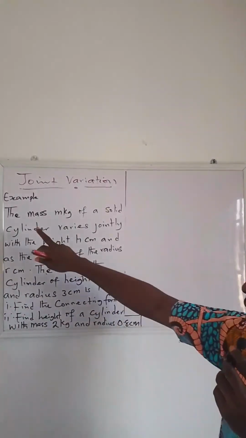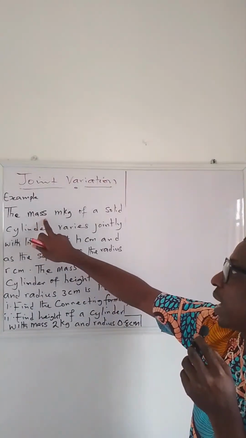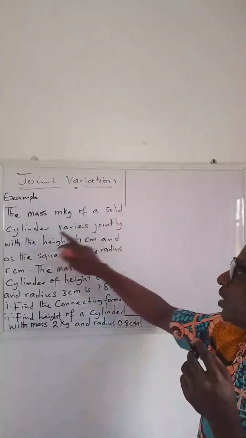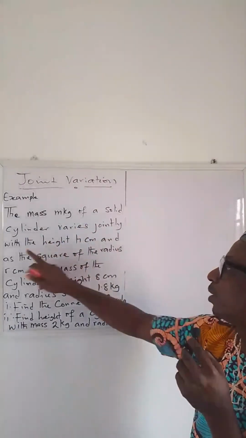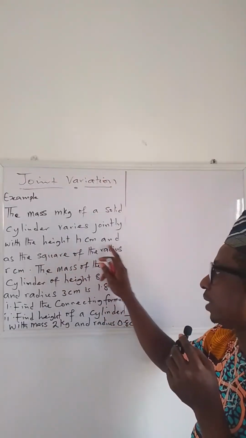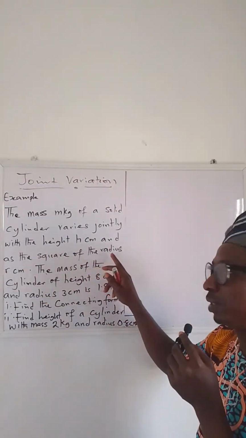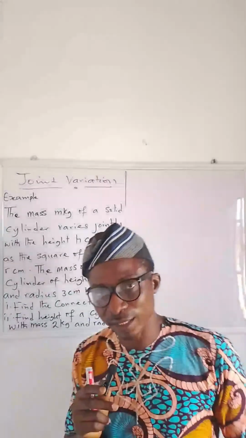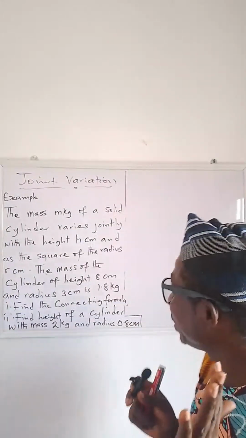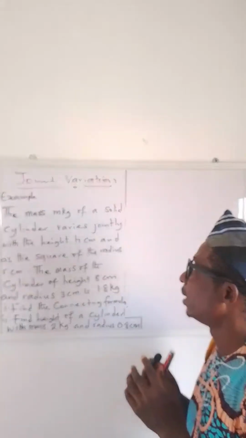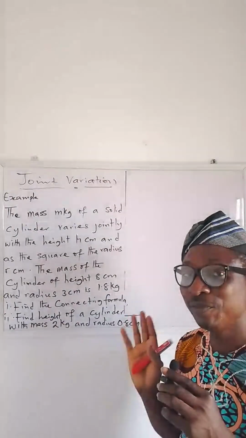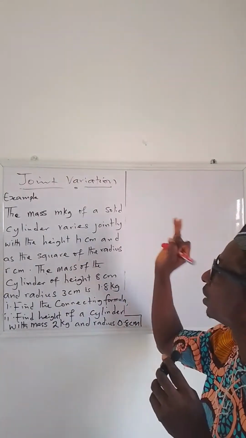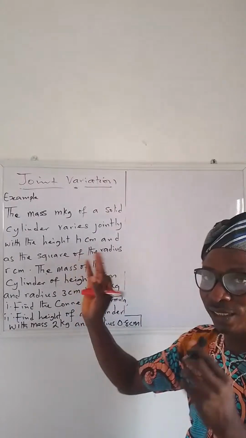The mass m kg of a solid cylinder varies jointly with the height and the square of the radius. Now, I want to tell you that you guys tried, giving me the answers over there. But the parameters that are being varied here are: 1, mass, 2, the height, and 3, the radius.